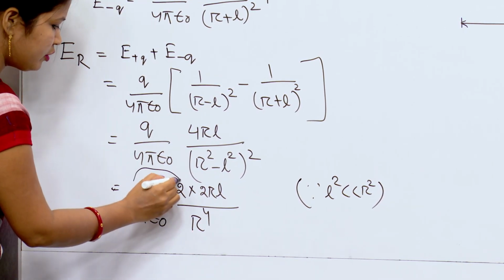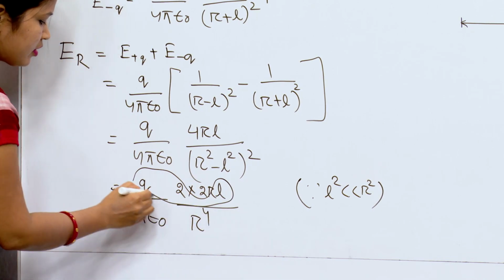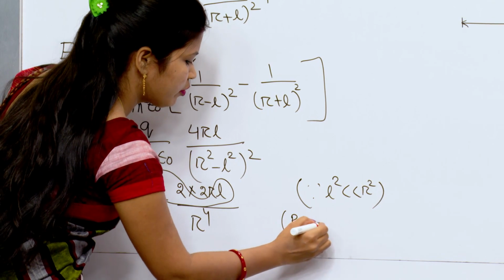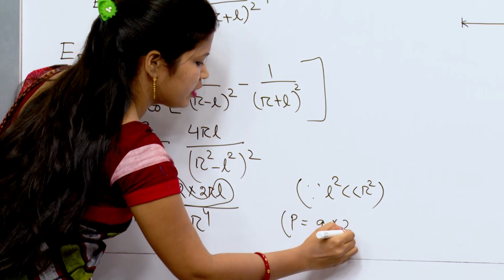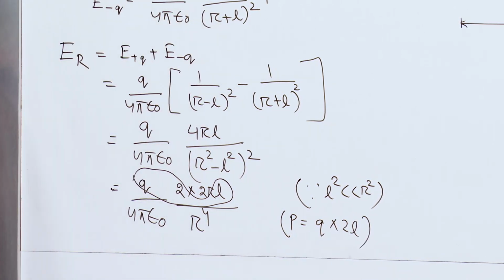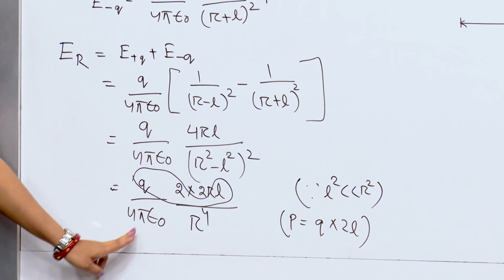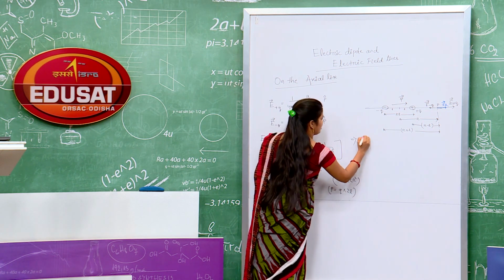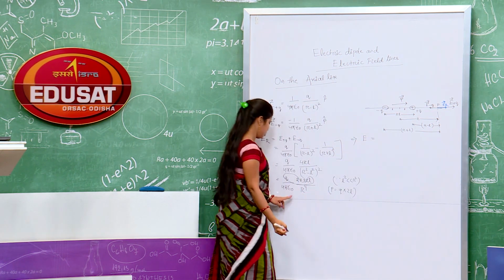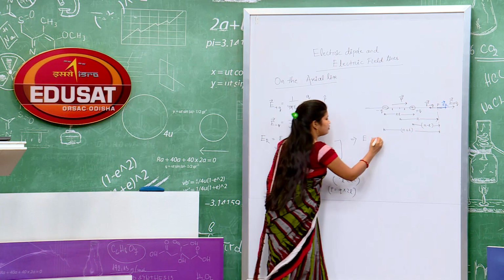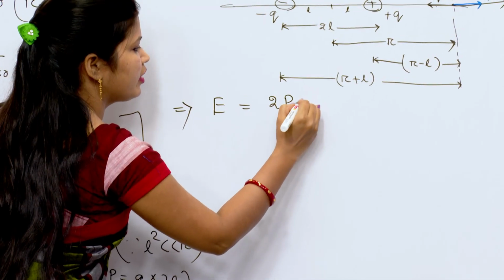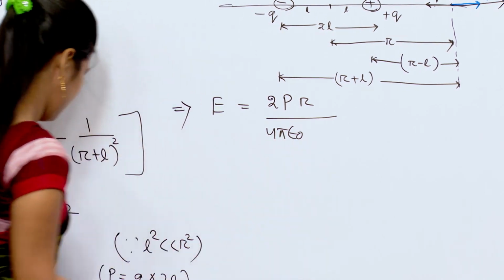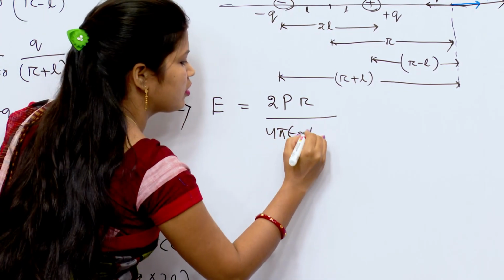See, q into 2L, what it gives? That is dipole moment. We know that dipole moment is equal to charge into separation, so q into 2L is p. So E is equal to 2 p r upon 4 pi epsilon naught r to the power 4.